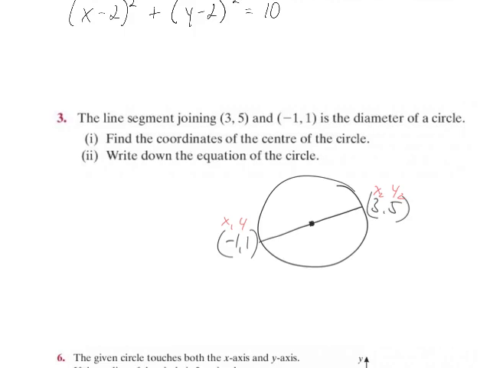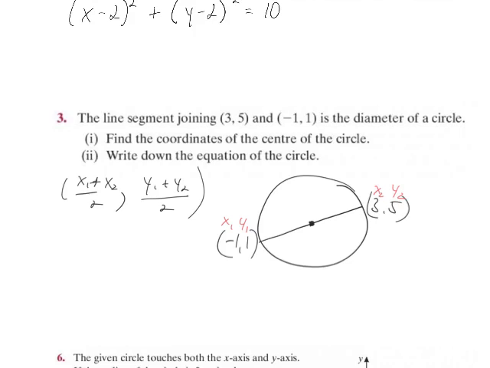So the midpoint, remember, we go x1 plus x2 over 2, y1 plus y2 over 2. So the average of the points.